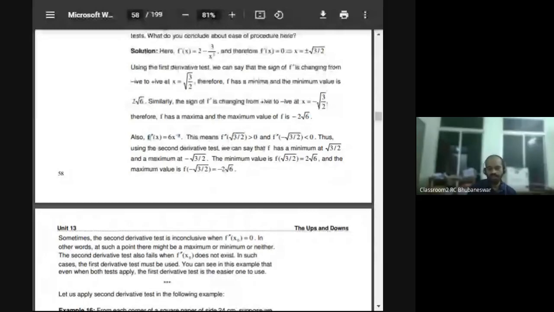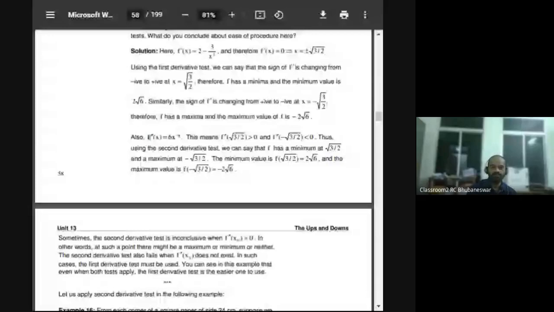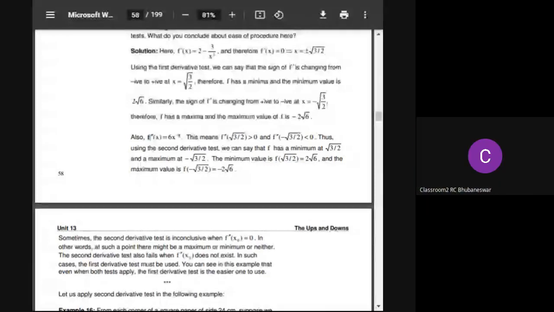The conclusion will be a negative value, then you can say that the function attains its maximum value at that point.